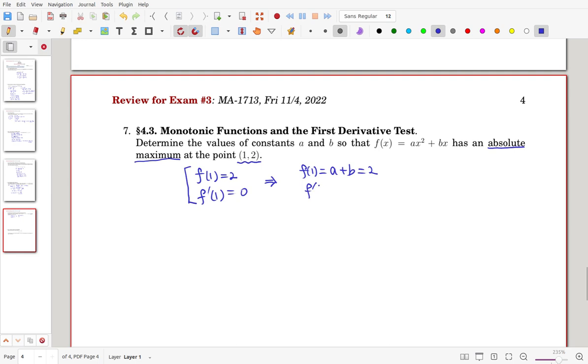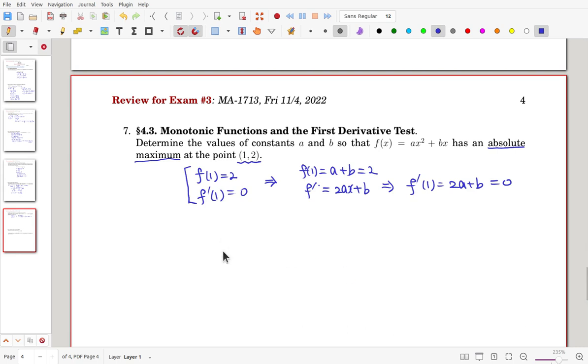That is the same as 2ax plus b. From here, f prime at 1 is the same as 2a plus b. Okay, it must be 0. So we have two equations for two variables, a and b.